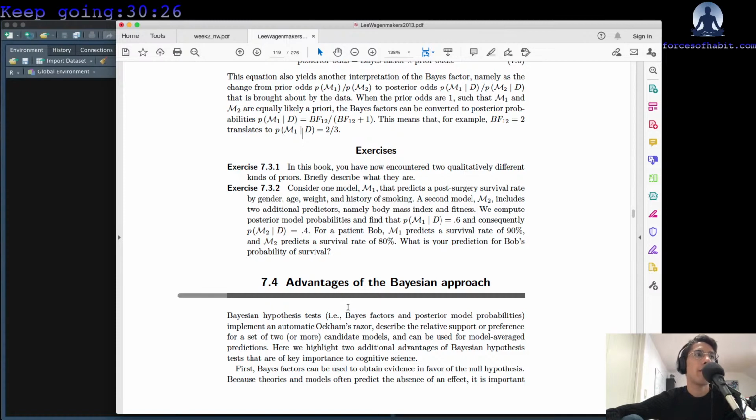We're talking about a prior distribution that describes the uncertainty about a model's parameters, and then there's a prior distribution for the data.